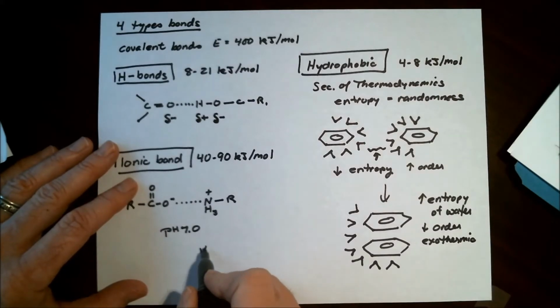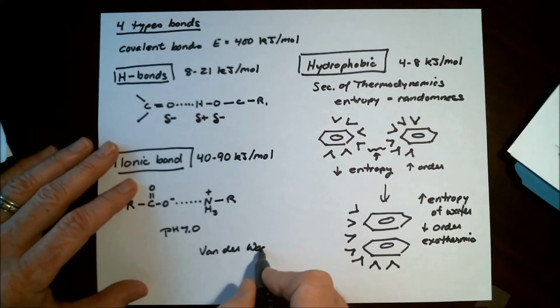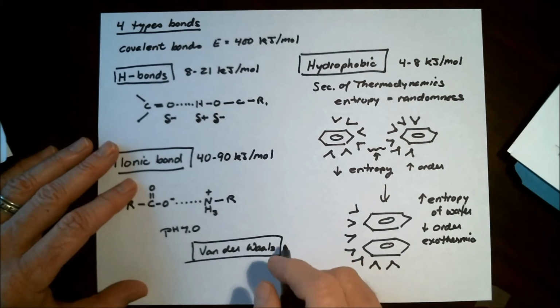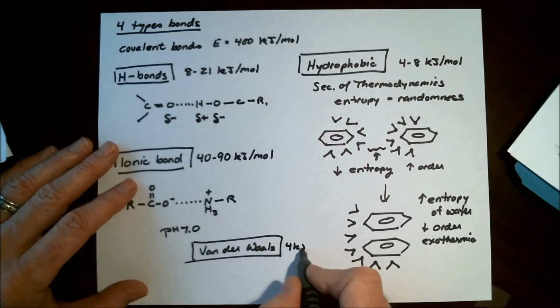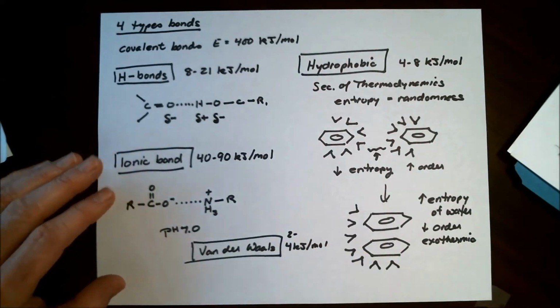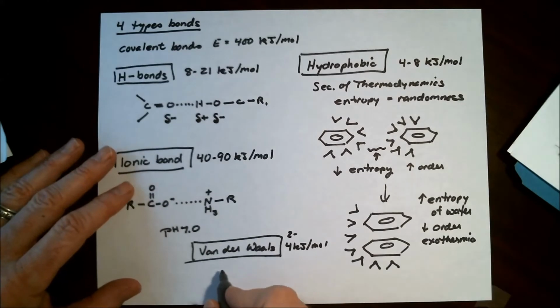Now, the last bond we need to talk about are van der Waals forces. Van der Waals forces are among the weakest forces we'll be looking at. This is approximately 4 kilojoules per mole, actually 2 to 4 kilojoules per mole. And this has to do with the atomic level.